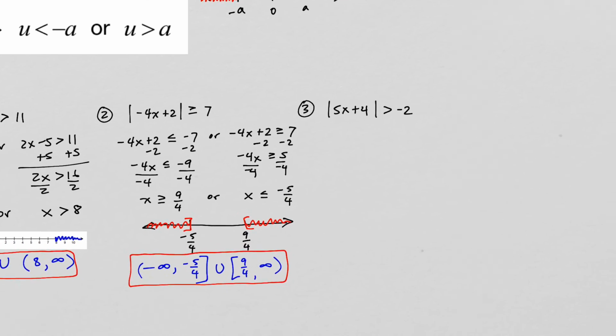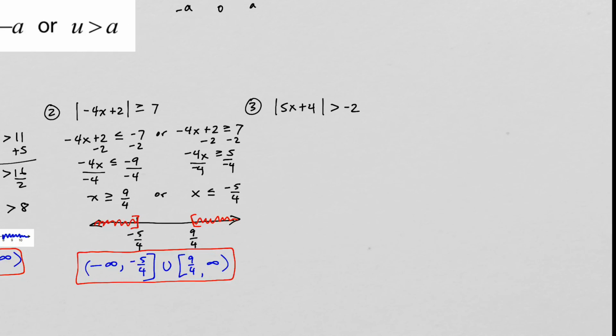Okay, and one final example, and you should be suspicious right away because we have a negative number on the other side. Remember, no matter what x is, no matter what number you plug in, when you compute this value and then you take the absolute value, this will always be a positive number.